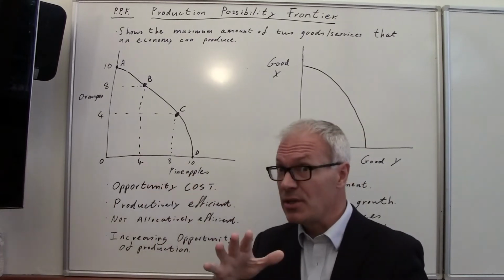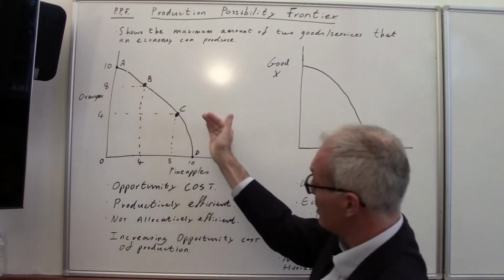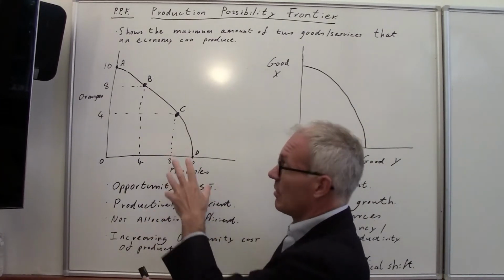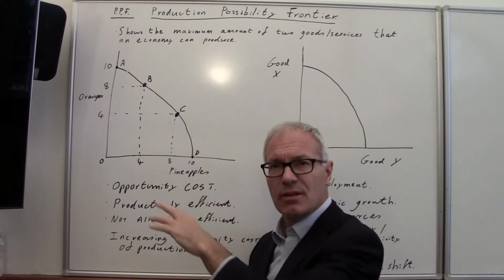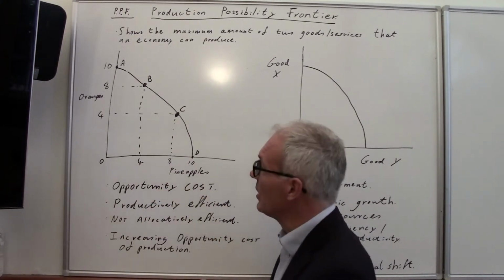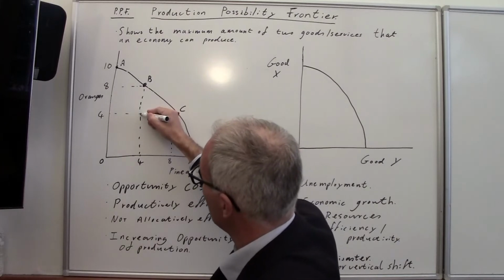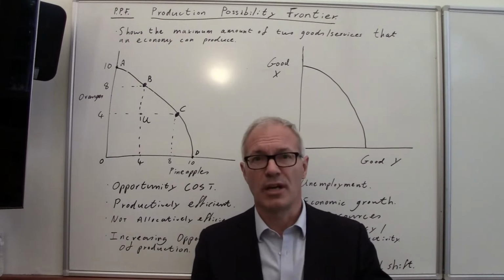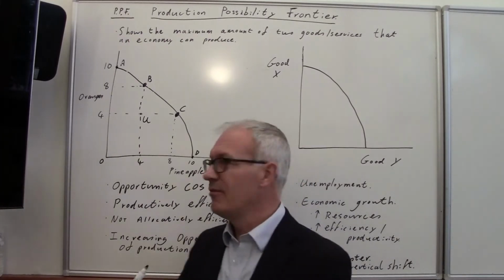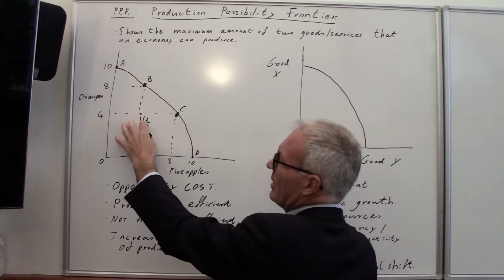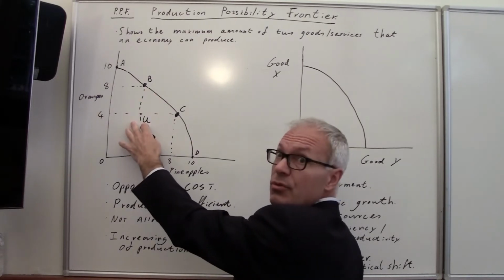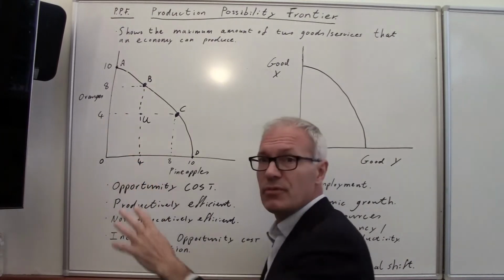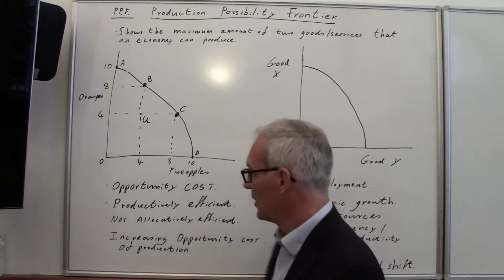Okay, so I mention efficiency because all the way along this line, microeconomists would say that this is productively efficient because we're producing the maximum we can with existing resources. If we were inside the line, such as at point U, so say 2 people want to go and sunbathe all day and drink tequila, then what would happen is we'd be within the line because we'd have unemployed resources, and therefore we might only produce 4 oranges and 4 pineapples, and that would be inefficient.